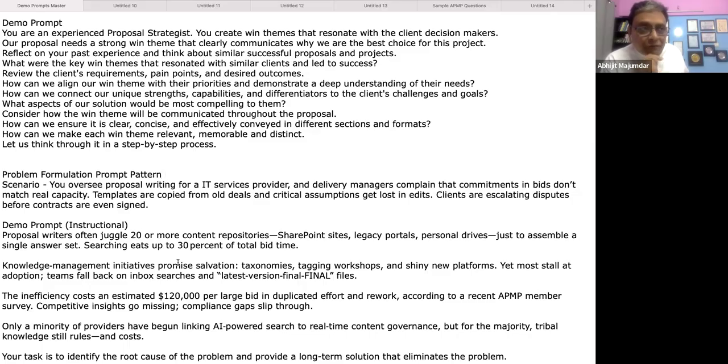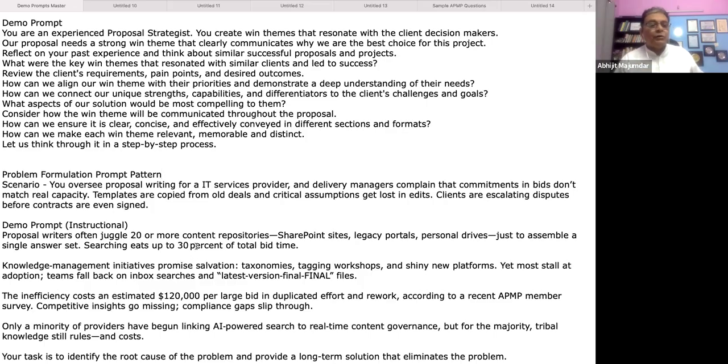Because if we solve the reason why it is happening, we will not have that problem recurring. So as long as it is a recurring problem with a pattern of occurrence, what we need to first solve is the root cause, and to find the root cause we need to know where it is coming from. This particular prompt pattern helps you in doing that.